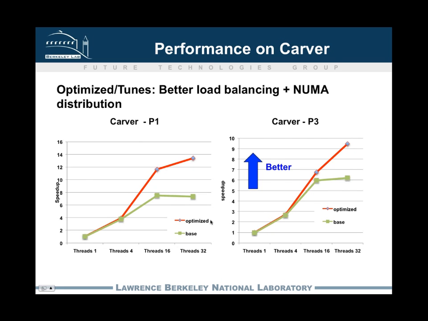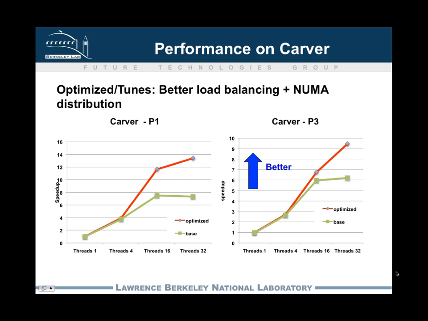So we did the same experiment on Carver, which is a different architecture. On Carver we have a larger memory, 1 terabyte, while on Hopper most nodes have 32 gigabytes. So we tried to look at the scaling behavior for the base case versus the optimized one, for the two problems we discussed early on.